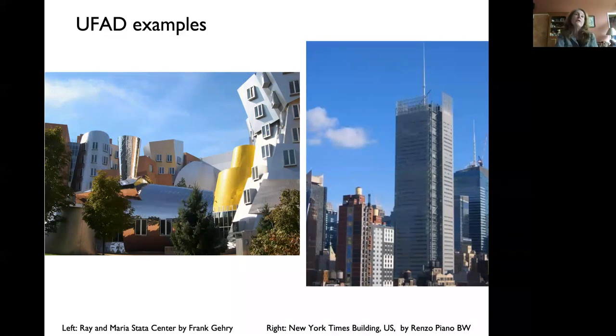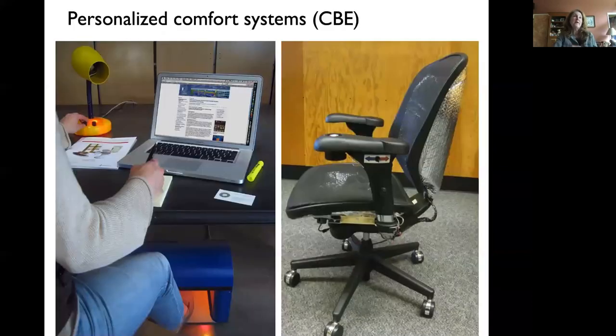So when you took the tour of CBE and our building science labs, you saw that in addition to UFAD, we've done a lot of work on personalized comfort systems. UFAD was really one of the first systems we investigated on a commercial scale, enabling people to reach down, control the diffuser, and provide the heating or cooling that they personally needed.